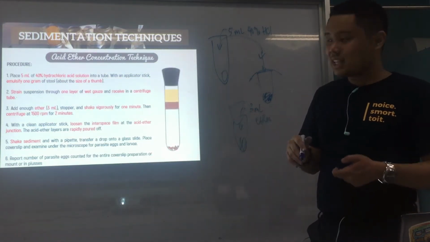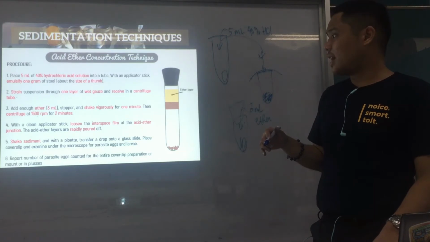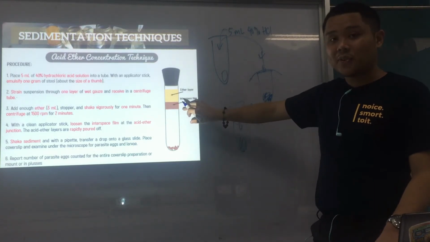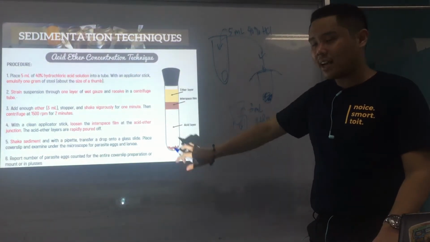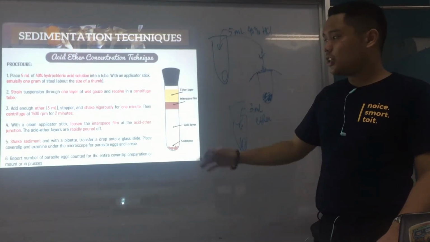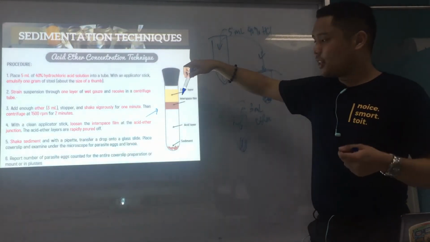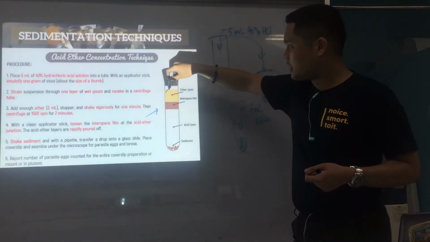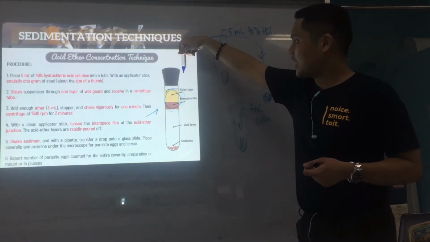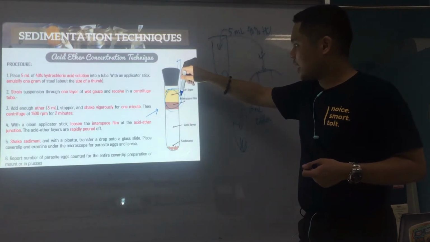Now, these are the layers. You have the ether layer, the interspace film, the acid layer, and the sediment. What we mean by step number 4 is that using an applicator stick, we loosen this.